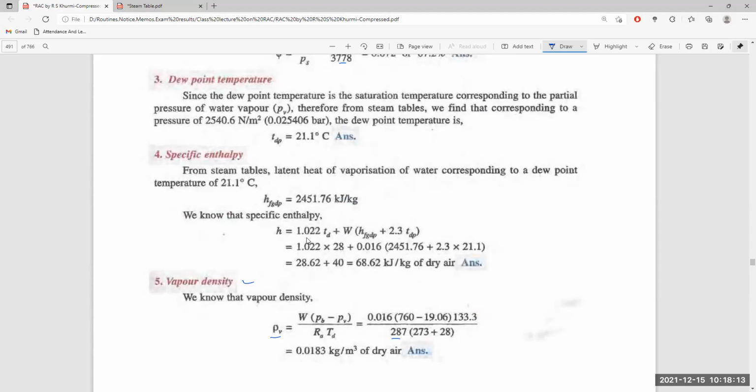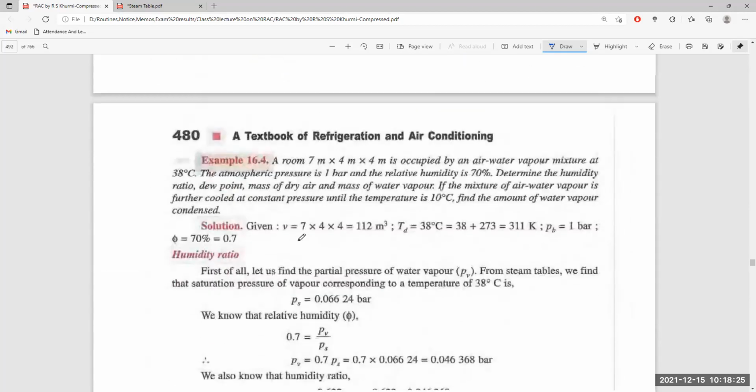The pressures are converted to Newton per meter square by multiplying with 133.3. Putting all the values and making the calculation, we get the vapor density as 0.0183 kg per cubic meter of dry air. Next problem.